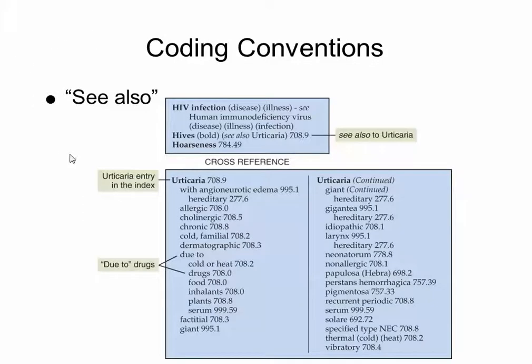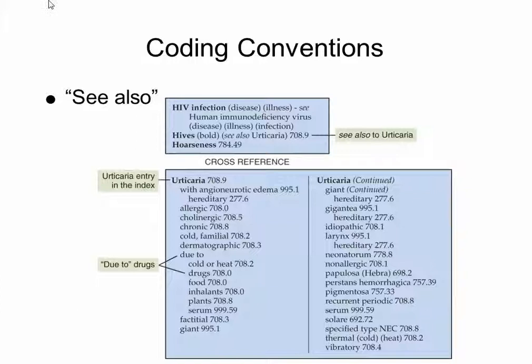Here's a "see also." Okay? Hives. Bold. See also, urticaria. Now, if hives is appropriate and works, if it says that the patient has hives, they have hives. Okay? 708.9. If it doesn't say why they have hives or anything else, no big deal.